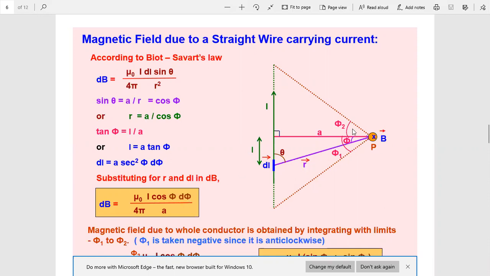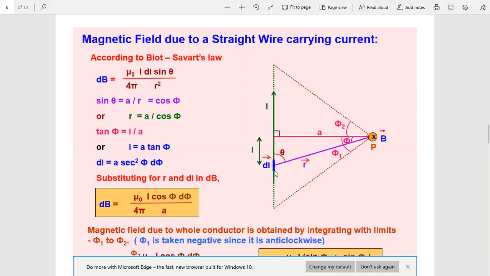Similarly, if you look at this triangle and take this angle phi, the position vector makes an angle phi with A. So in this triangle, with phi as the angle, L will be the perpendicular.